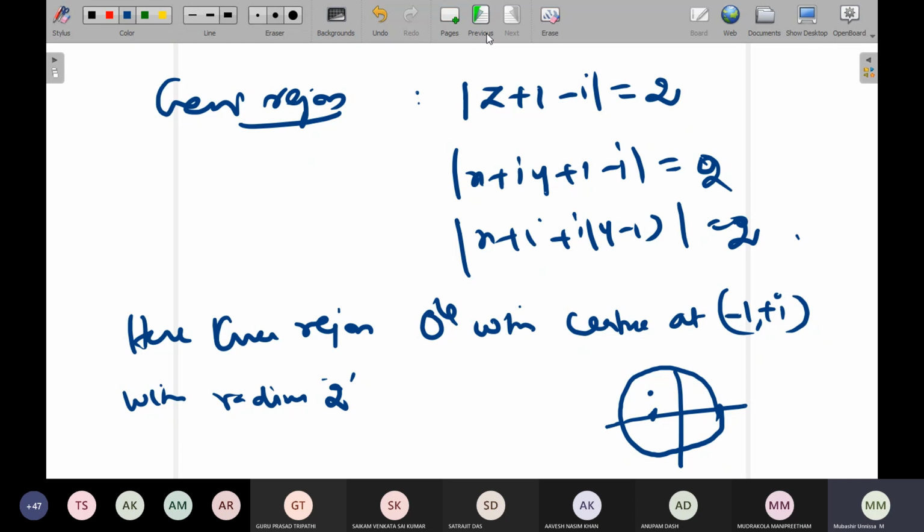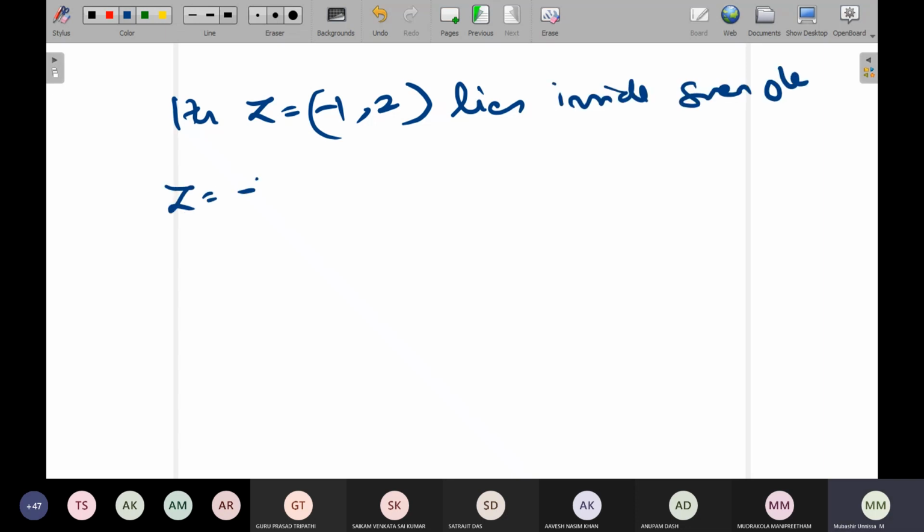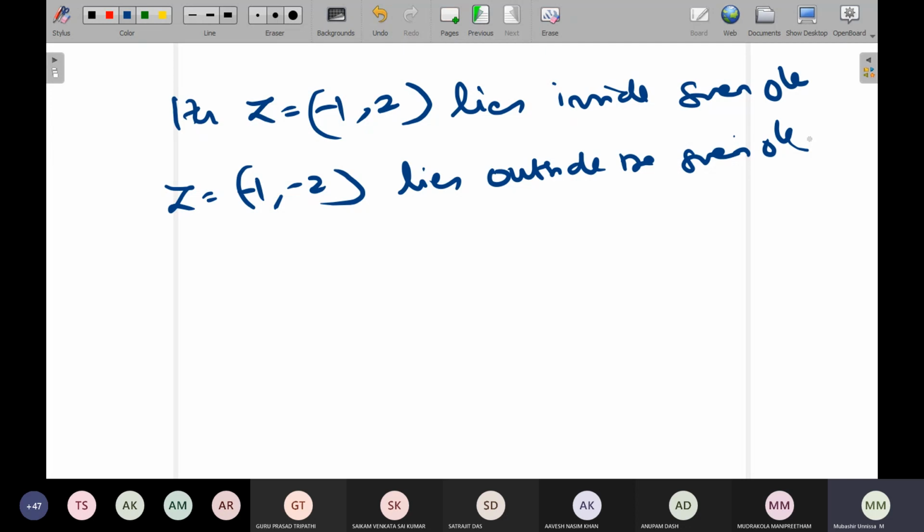So you can just write down here z equals minus 1 comma 2 lies inside the given circle, and z equals minus 1 comma minus 2 lies outside the given circle.